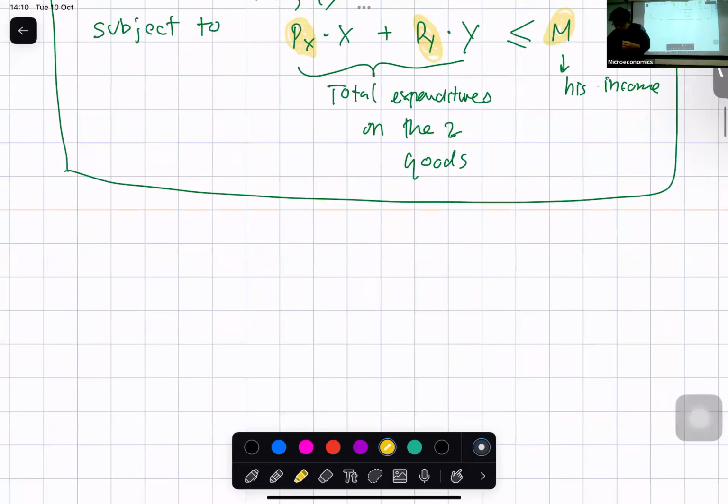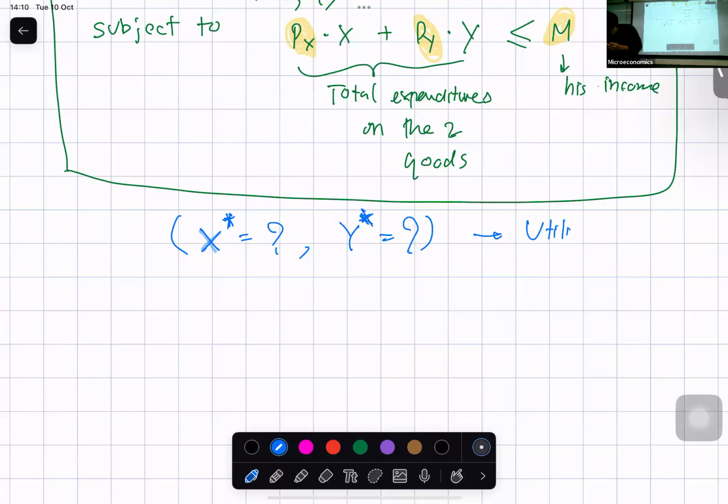So his problem is then, he is wondering what would be the amount of X and Y, X star and Y star, this ideal basket that does the job, where utility is maximized. And he comes to ask for advice from economic science. Utility is max.